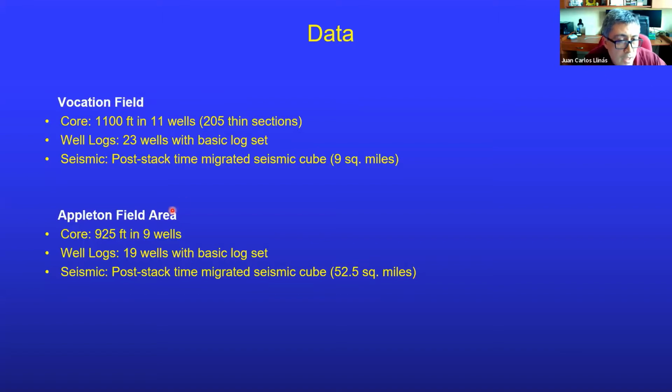The Appleton field area, which encompasses about 3 small fields, has about 925 feet of core in 19 wells with a basic log set, and a much bigger seismic cube of 52.5 square miles.